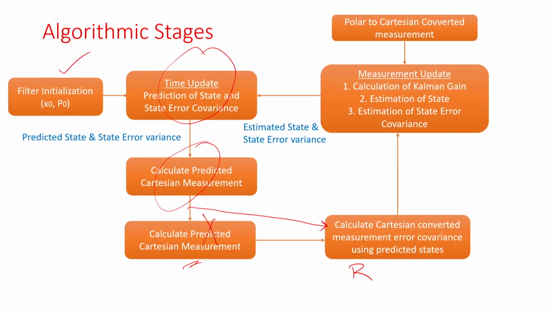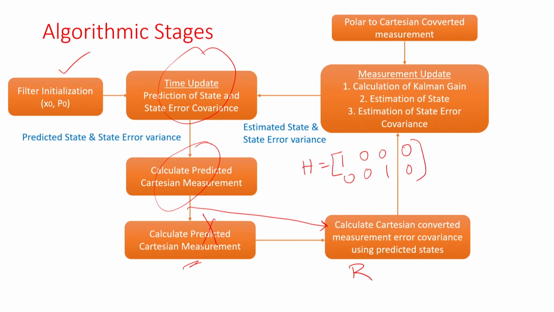Then you go to the Kalman filter measurement update. Measurement update means first the calculation of the Kalman gain. Kalman gain is the output covariance times the inverse of the innovation covariance. What will be your H matrix? Because you are now using a linear measurement, it will be [1 0 0 0] for x and x dot, and [0 0 1 0] for y and y dot. So your H is a linear matrix.